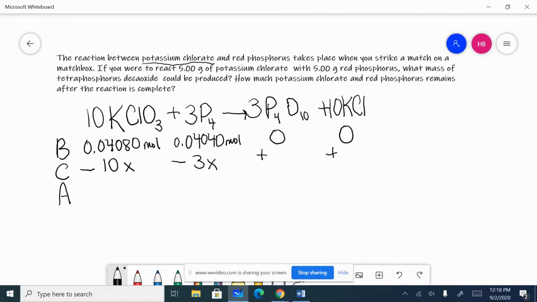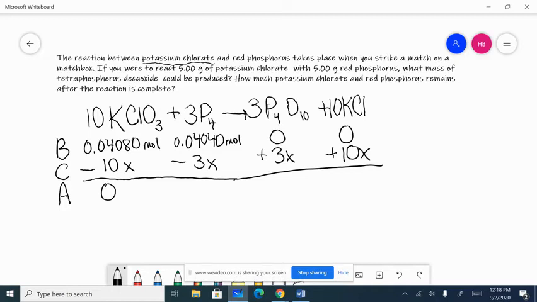We don't have a lot more potassium chlorate. So I'm going to guess that that's the limiting reactant. Let's finish our change column first.